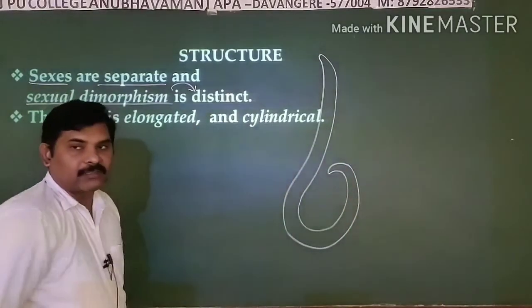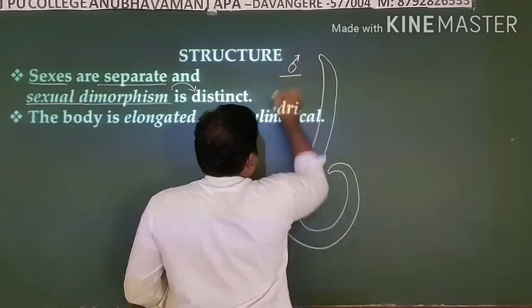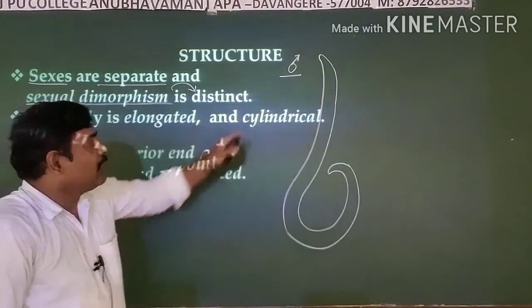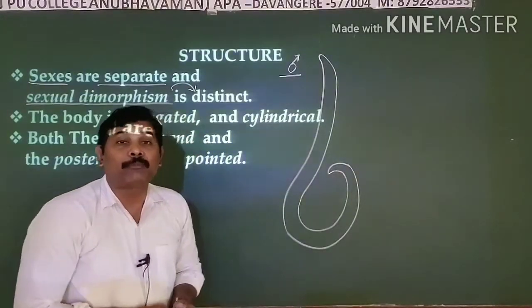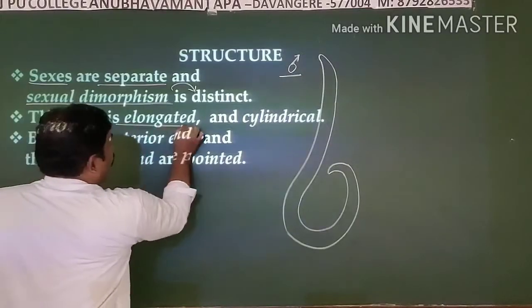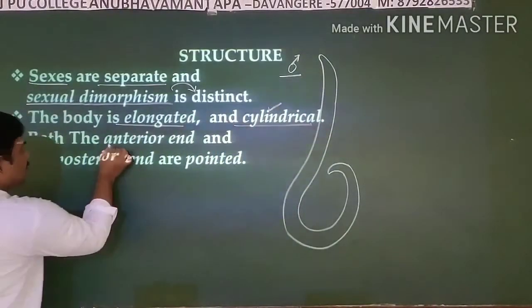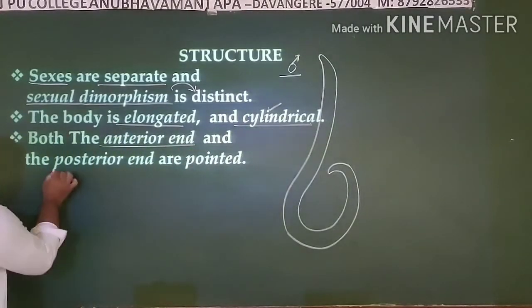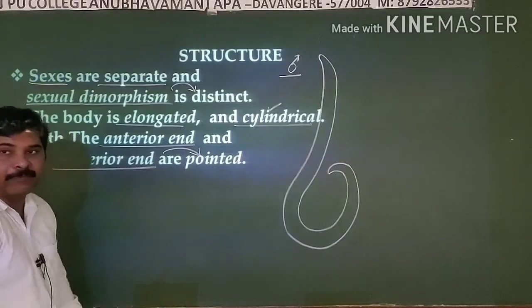Coming to the male worm, when you see the anterior end as well as the posterior end, both of them are pointed.